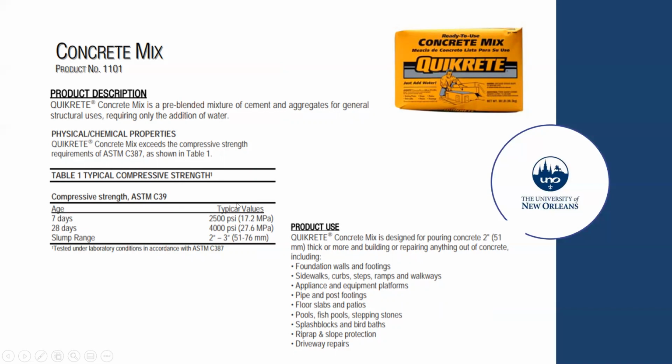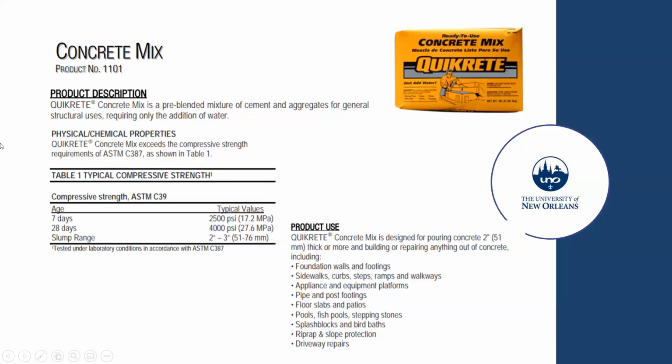So they're saying that these values, 2,500 PSI or 4,000 PSI or 2-inch to 3-inch slump range, are not going to be lower than what we present, as long as you follow the directions. I'm going to get into directions, and we will follow the procedures and make our own mixture.